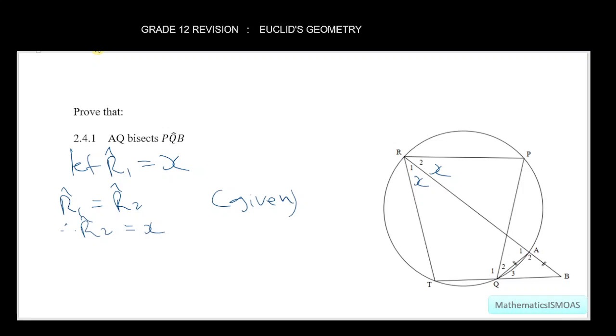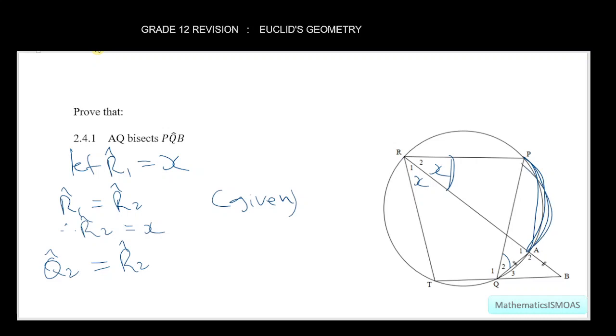And then from there, we can say angle Q2 will be equal to angle R2. These are angles in the same segment. Both R2 and Q2 are subtended by arc AP.